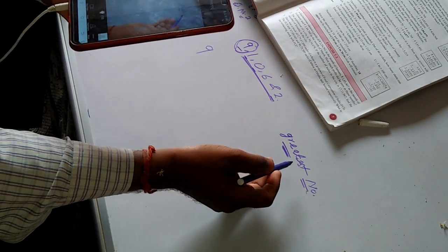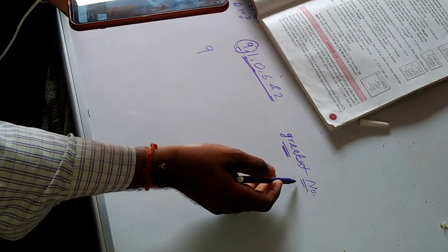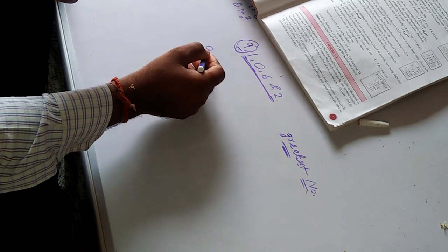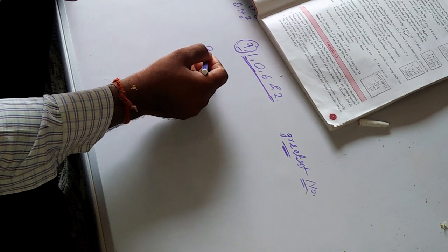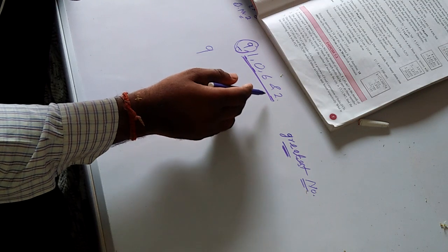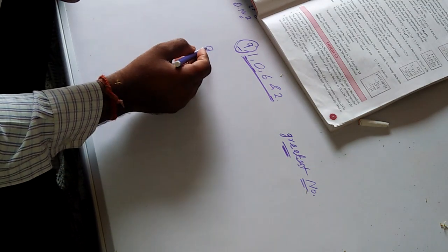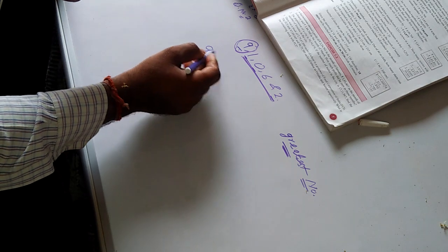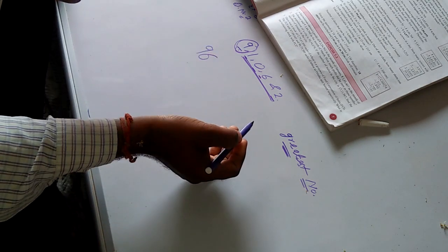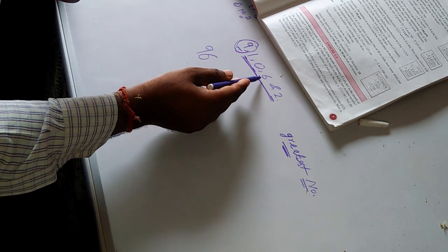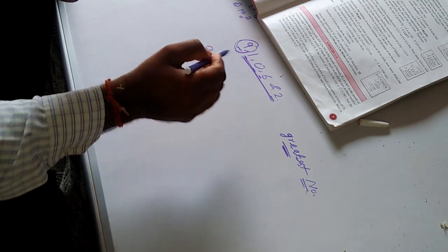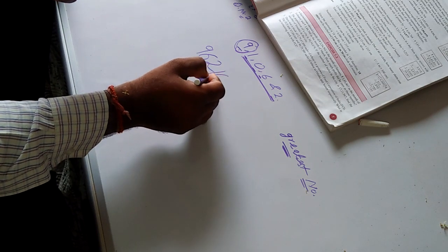To get the greatest number, we first put the biggest digit at the extreme left position. Thereafter we put the given digits in descending order. So after 9, which one will come? 6. Then after 6, 2, then 1, then 0.